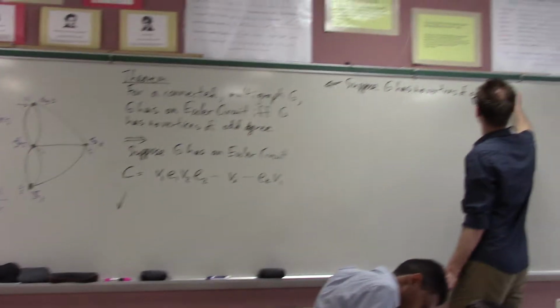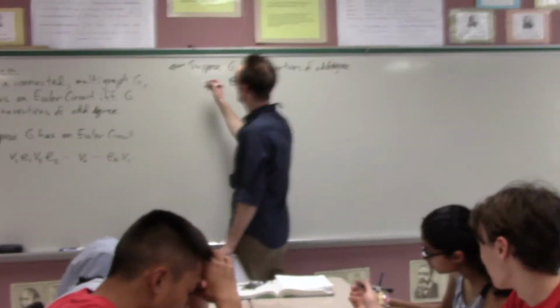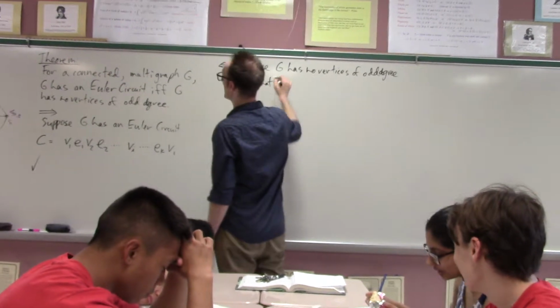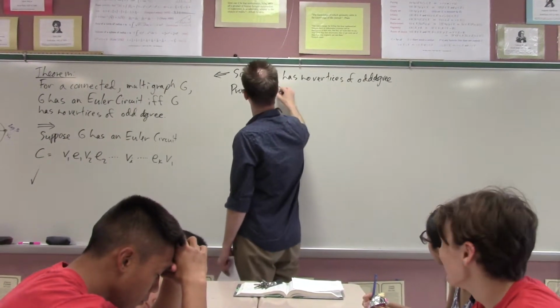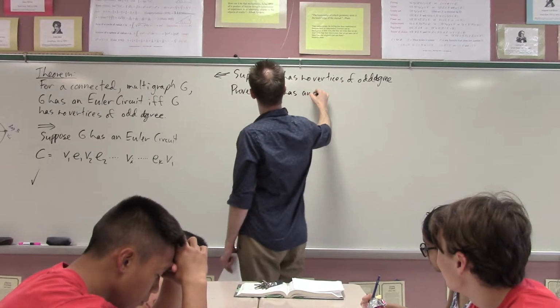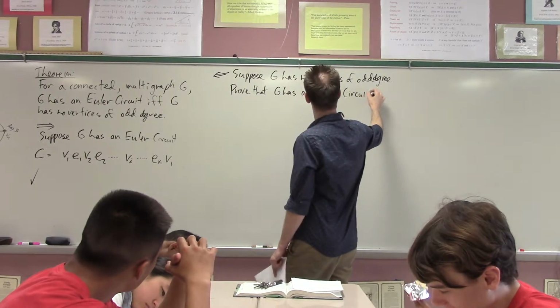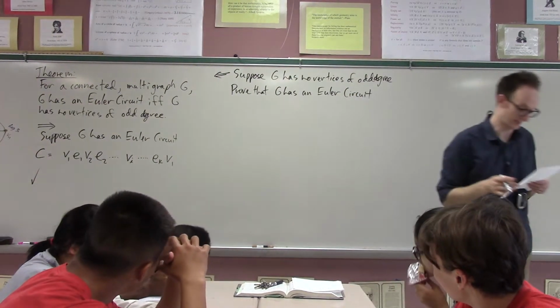And from the fact that G has no vertices of odd degree, what we want to do is prove that G has an Euler circuit. Oh, and I guess I need that it's connected and stuff like that. I'm going to add that in a second. Okay.